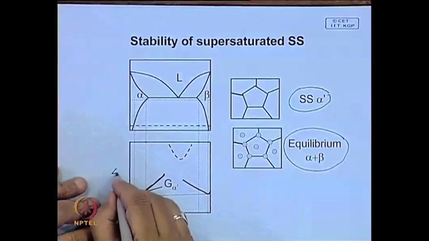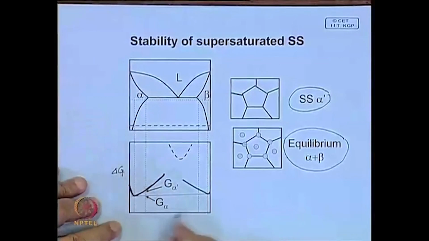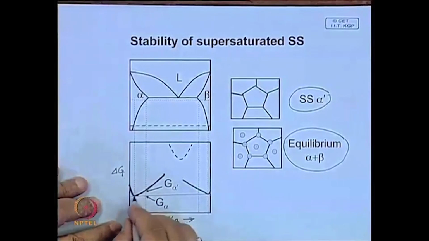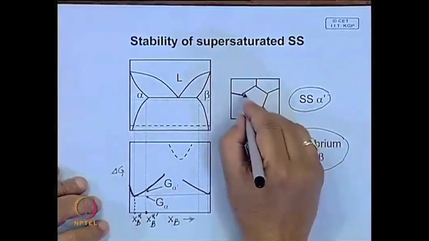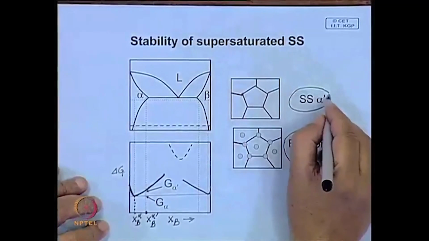This is the free energy and this is composition, that is atom fraction B in this direction. Now, this is the solubility of B in alpha at room temperature. Here we have kept this much excess. So, this is the amount of solute in alpha prime. We call the supersaturated solid solution alpha prime.